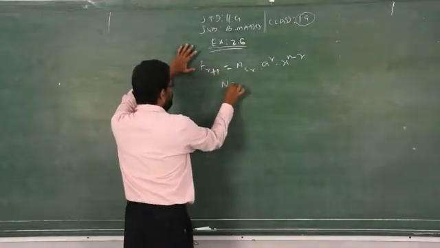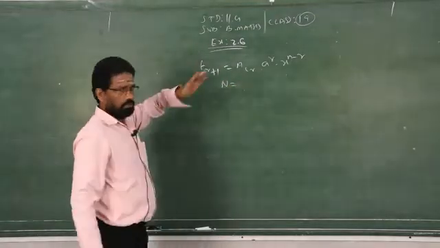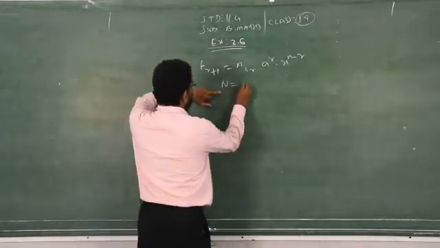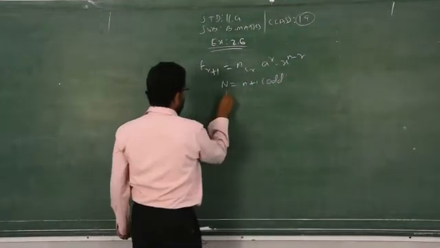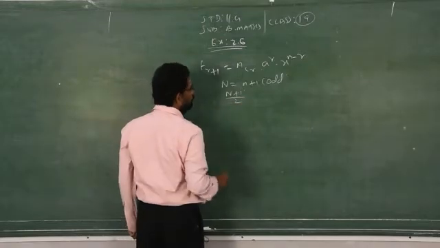To find the middle term, let me recollect the previous problems. If capital N, that is n plus 1, is odd, then the middle term is n plus 1 by 2.